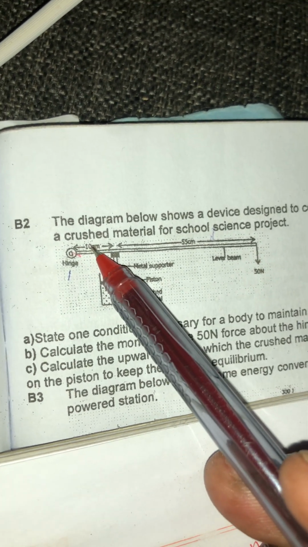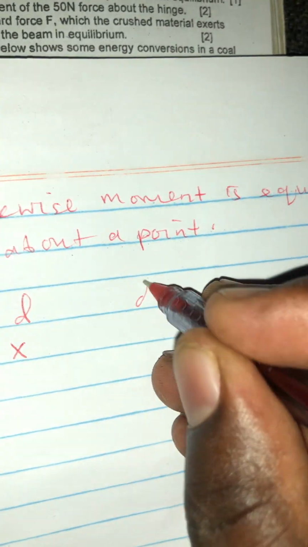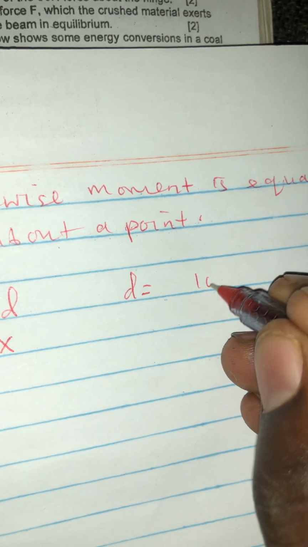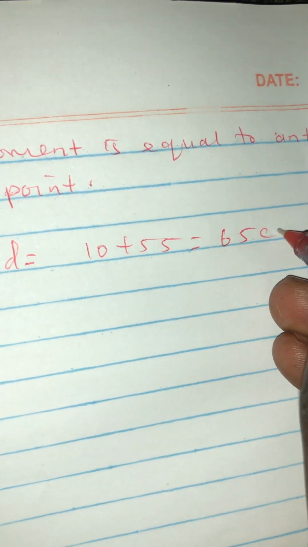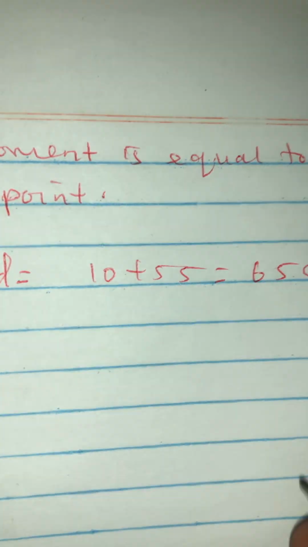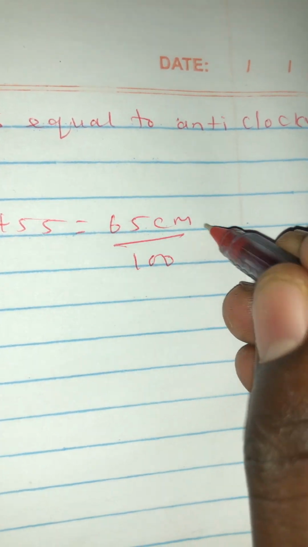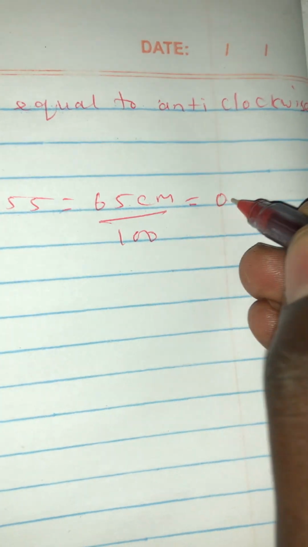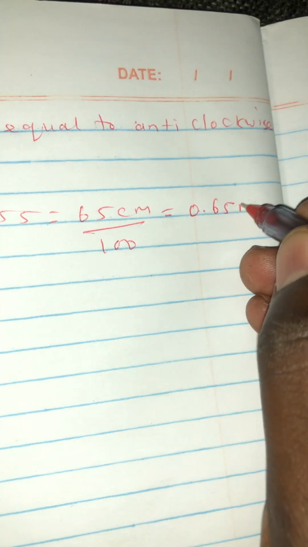So you're going to add 10 plus 55, which is going to give you 65 centimeters. Now, we're going to convert 65 centimeters into meters, so we're going to divide by 100. When we divide by 100, we're going to have 0.65 meters.